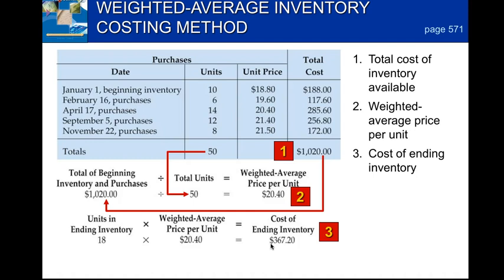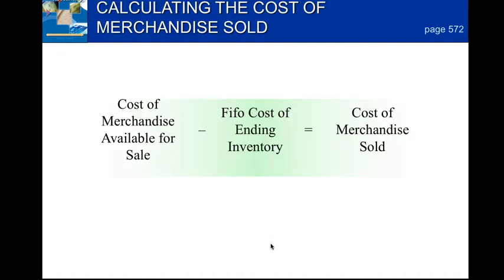So the inventory costing method used to calculate the cost of merchandise sold should not, however, be determined by the order in which items are sold. A business should choose the inventory costing method that provides its managers with the best accounting method. And once you decide on one, you shouldn't switch it.